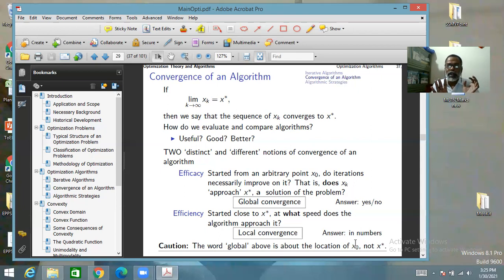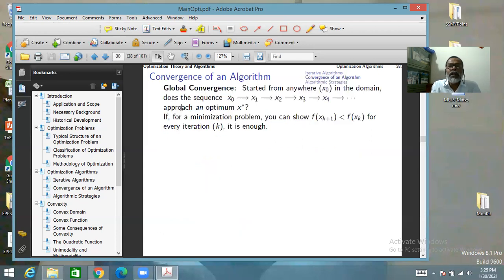The word global here is not about global minima, but arbitrary location globally of the starting point. This is one mistake which many people somehow make out of prejudice and maintain it. So you try to avoid that prejudice.